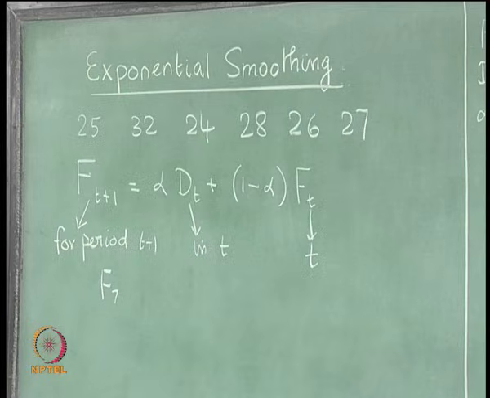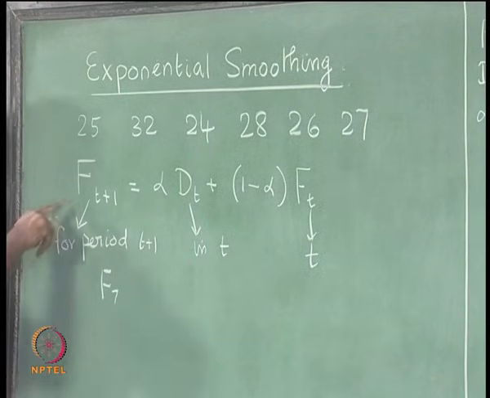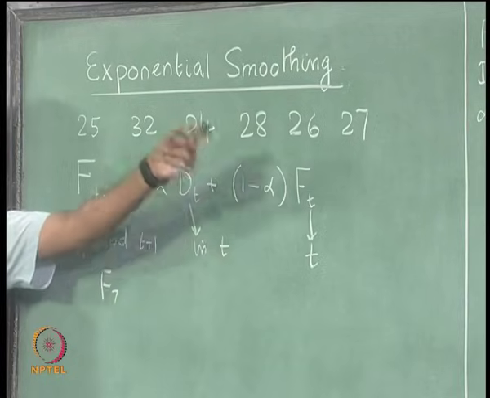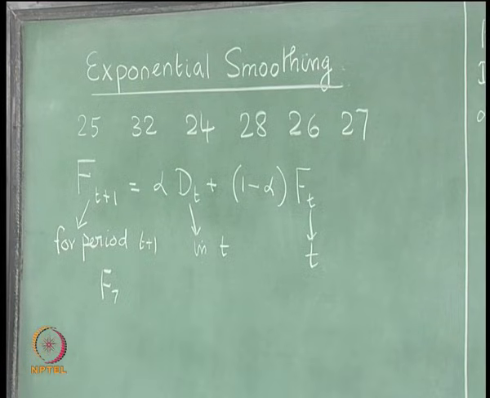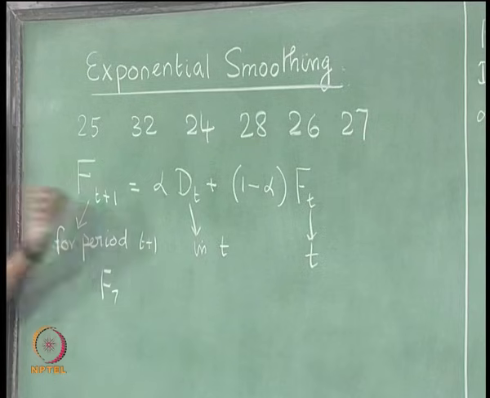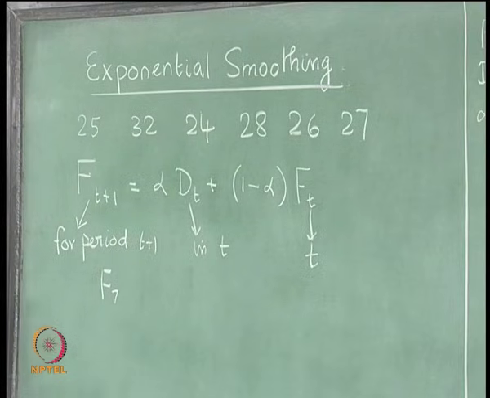Once again let me repeat that I am using this notation F(t+1) = alpha D(t) + (1 minus alpha) F(t). I am defining F(t+1) as forecast for period t+1. There are other notations possible. Right now it is a bit too early to describe other notations, but as we move along at a suitable time, let me compare this with other notations and explain the significance of this notation. But let us proceed with this notation.